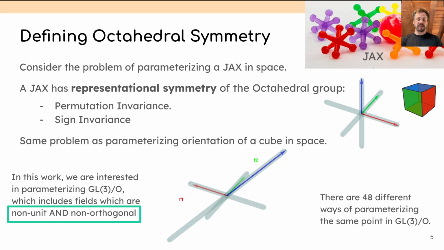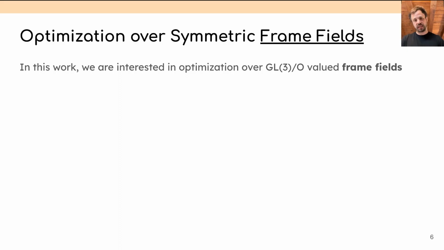In geometry processing, we're often interested in solving geometric optimization problems. So now we want to think about how we can attach one of these elements of GL3 mod O to every point in space. In order to do this, the first natural question is, how should we measure smoothness?